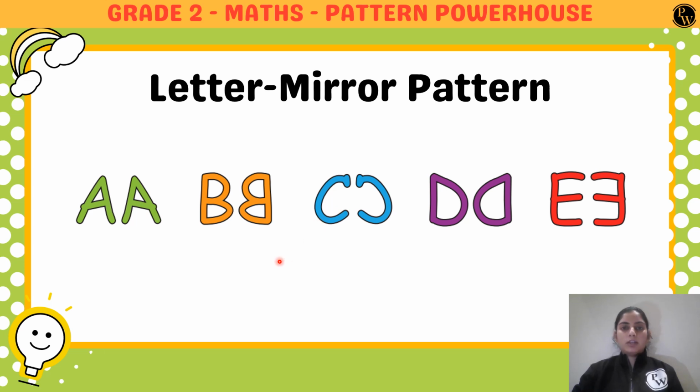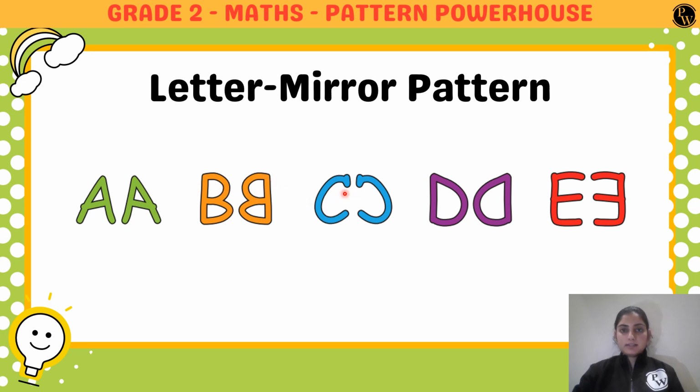It is similar to what we learned in our repeating patterns, right? But what is the difference here? Let me tell you. Here the letter is A, and it has its mirror image by its side. Now we have the next letter B with its mirror image.